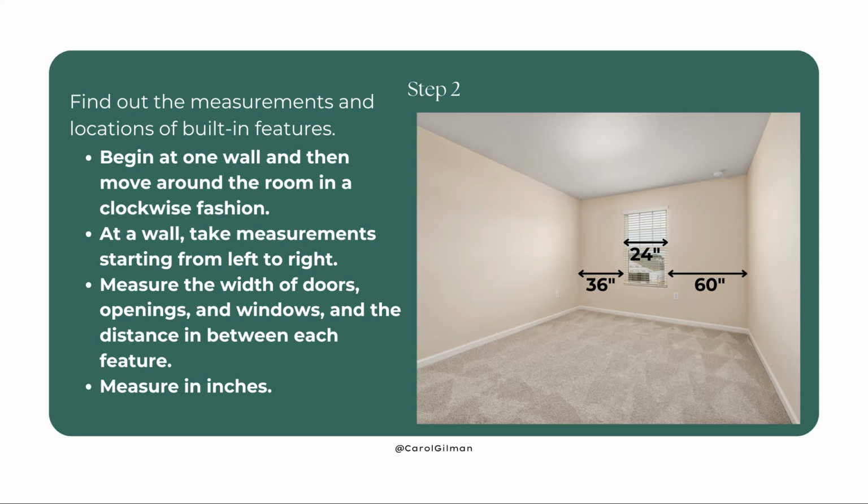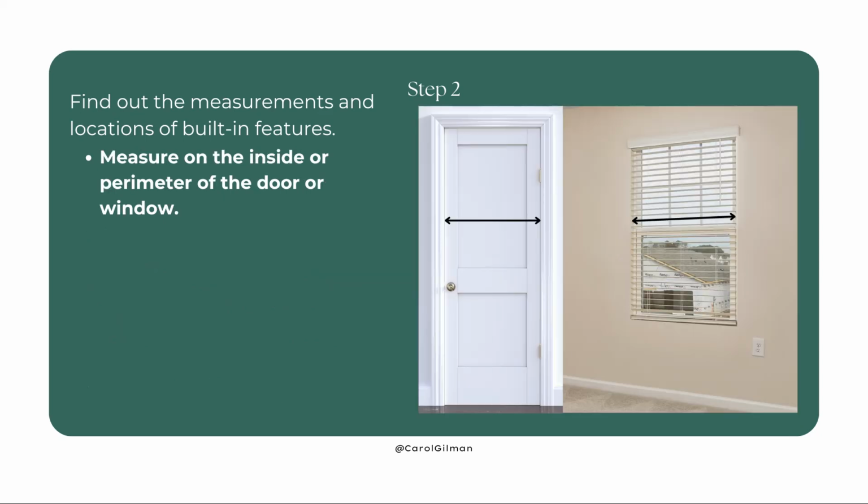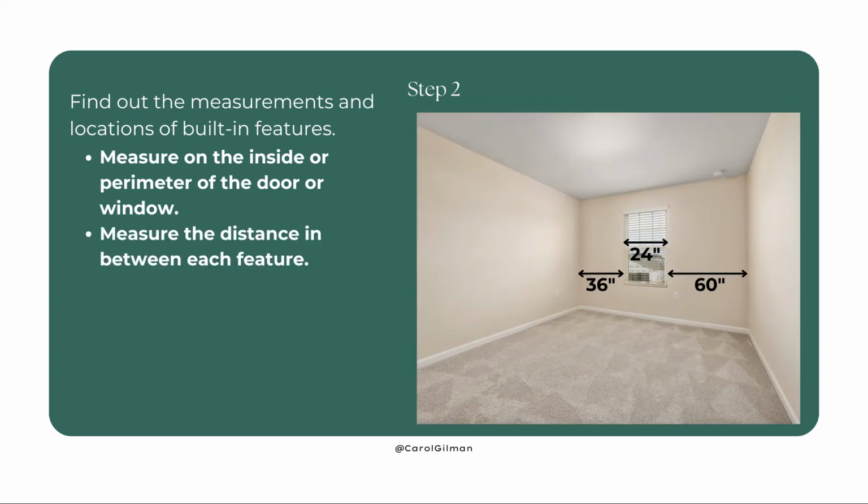For doors and windows and other openings, just measure the inside area. That can mean the inside frame of a door or just the perimeter of a window. Then measure the distance between, say, a corner and one side of a door or window, and then the distance between the other side of that window or door to the other corner of the wall.